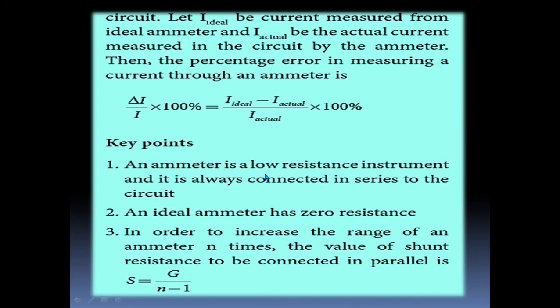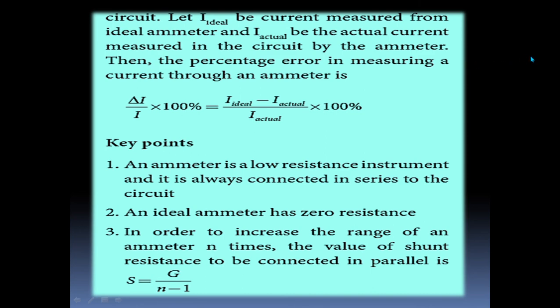Third point, in order to increase the range of an ammeter n times, the value of the shunt resistance to be connected in parallel is S is equal to G by n minus 1.